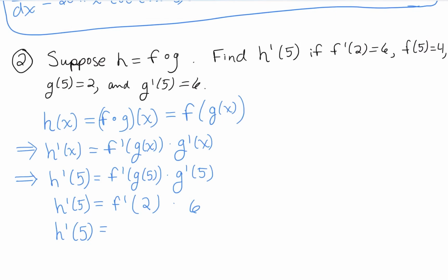So f prime of 2, that was the first fact given, that was 6. So in the end, what I end up with here is 36 as my final answer for h prime of 5. All right, so that is it for the chain rule, although it's never going to go away. So we'll be using it all semester.